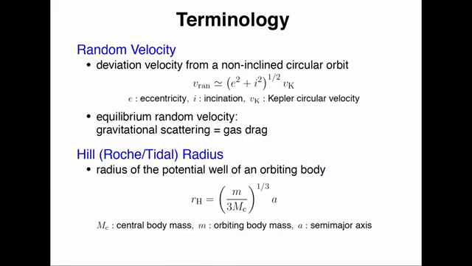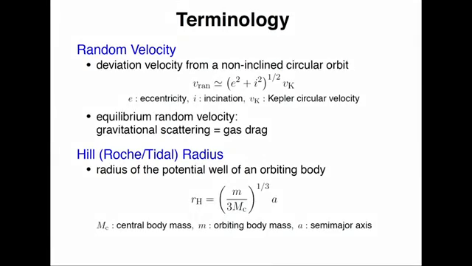Then the next important thing is the Hill or Roche or tidal, or sometimes called Jacobi radius. Nadal already introduced this in his talk, but this is the radius of the potential well of an orbiting body, right? So given by this equation.